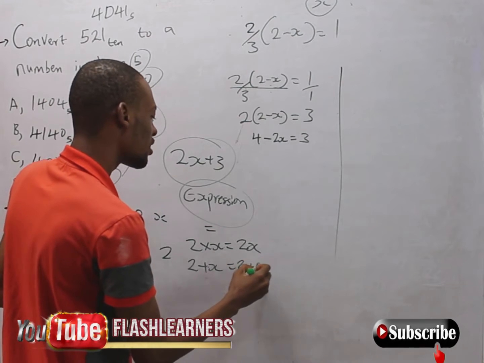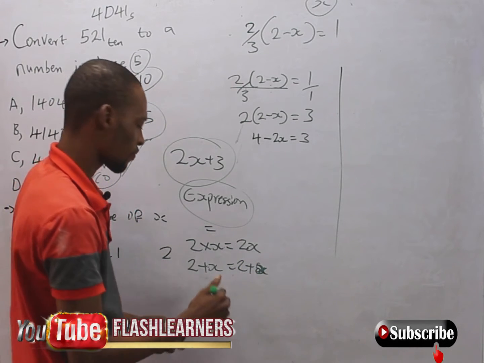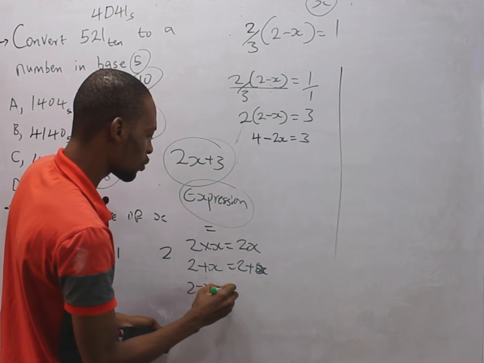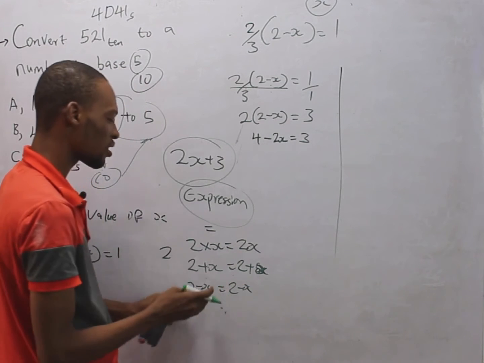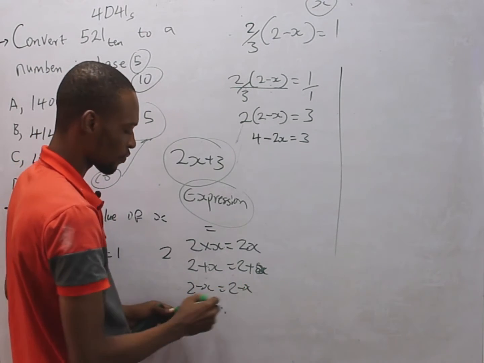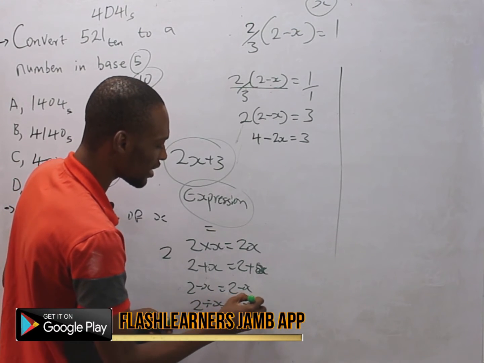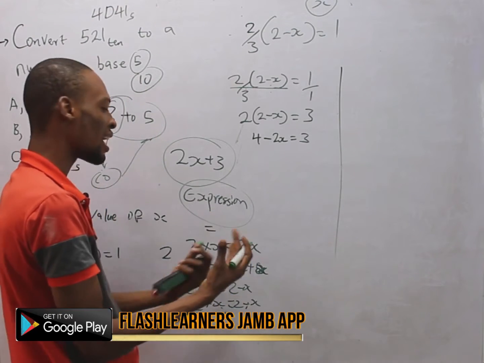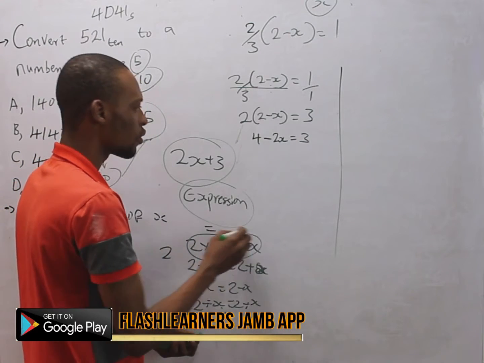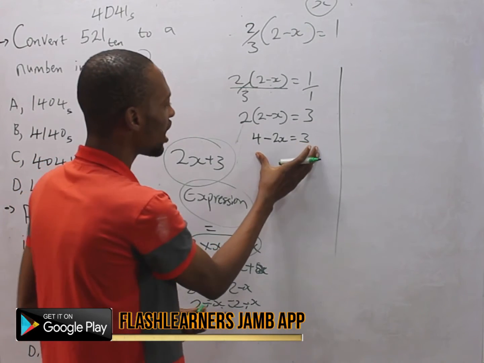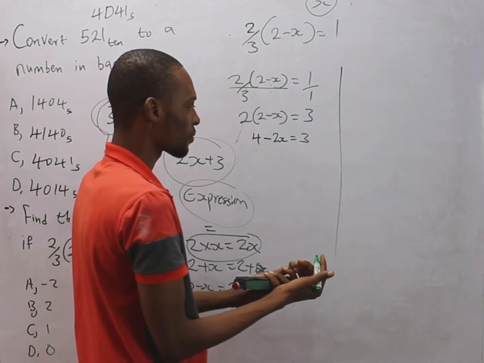You can't add a number and a letter. 2 minus s is equals 2 minus s. You can't subtract a number and a letter. 2 divided by s is equals 2 divided by s. You can't divide a number and a letter. Only multiplication works.